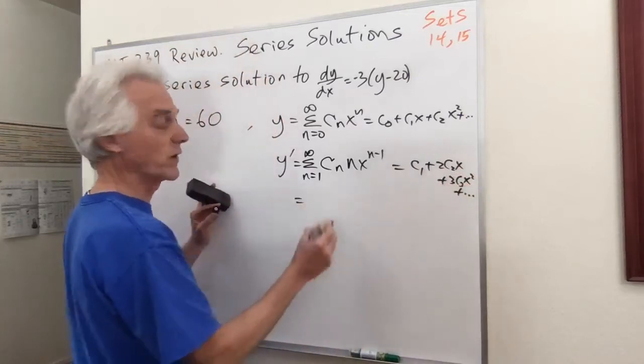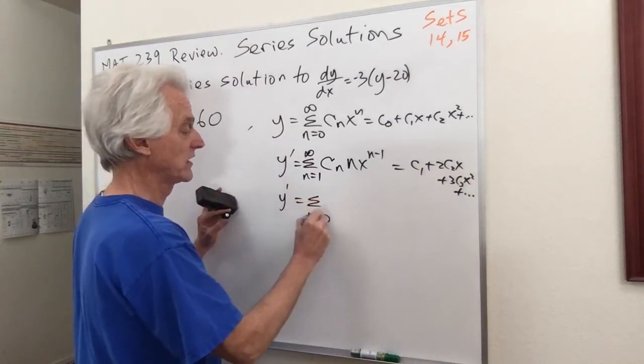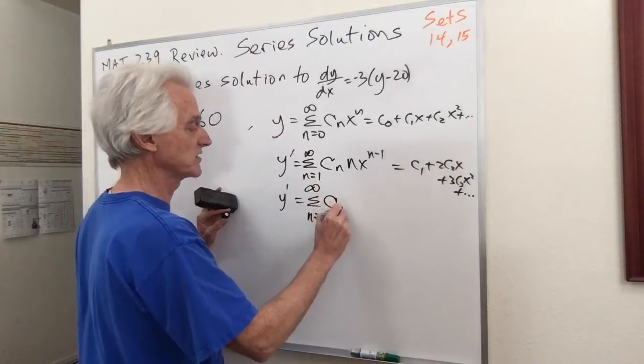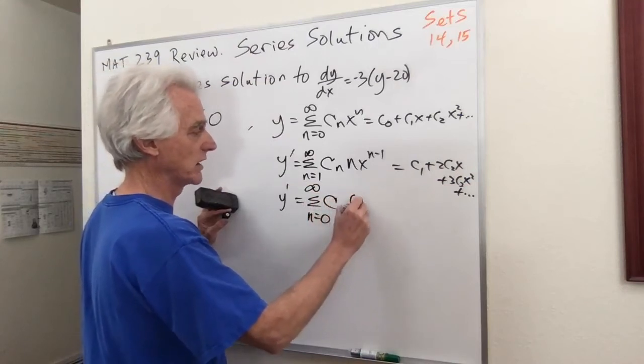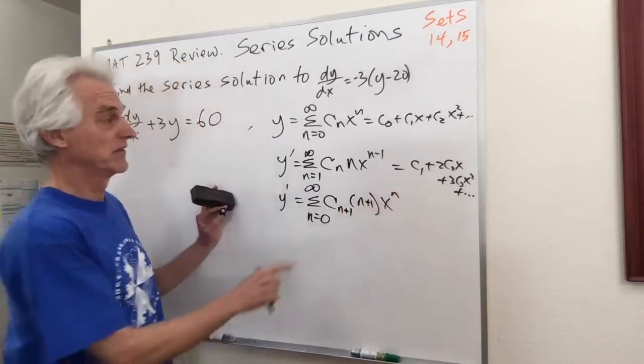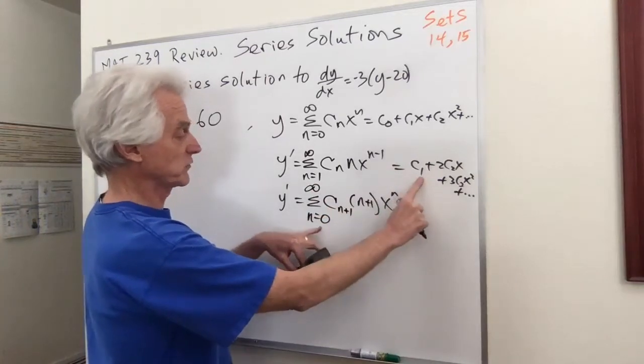In fact, another way to write this y prime is sum from n equals 0 to infinity, c sub n plus 1, times n plus 1, x to the n. And then I get the same series from both of these. This one comes from when n is 0.